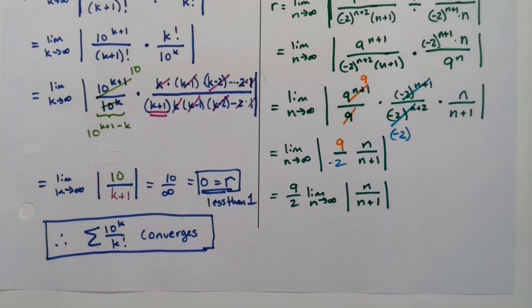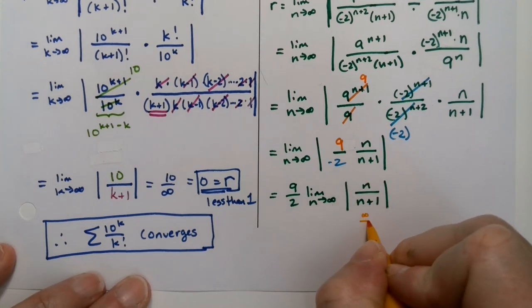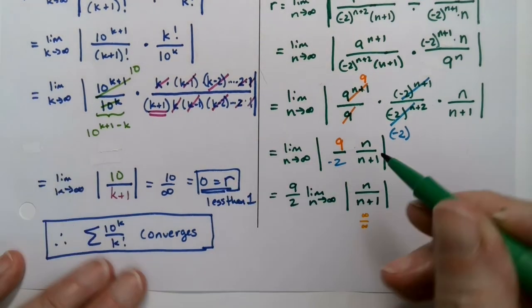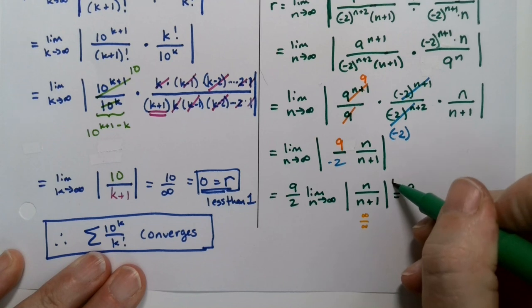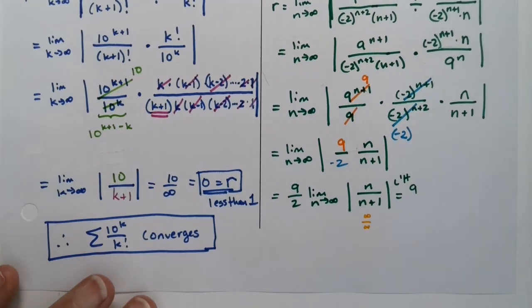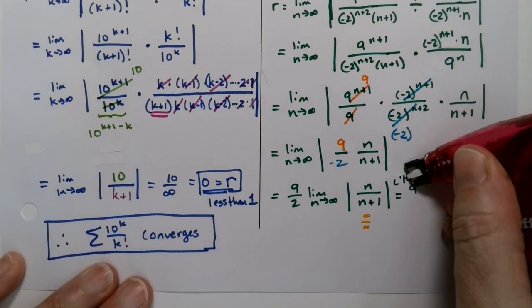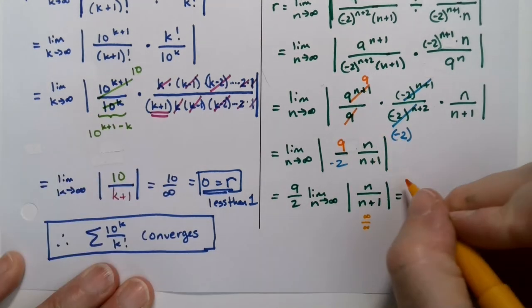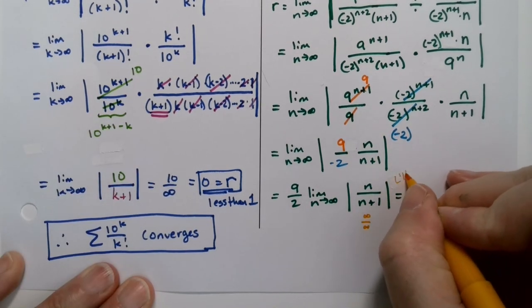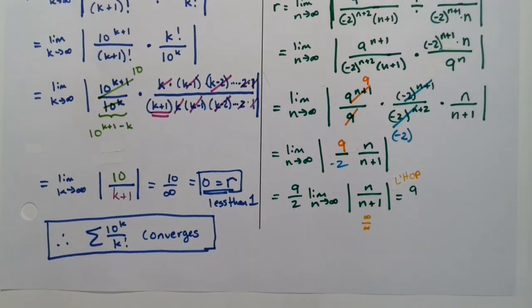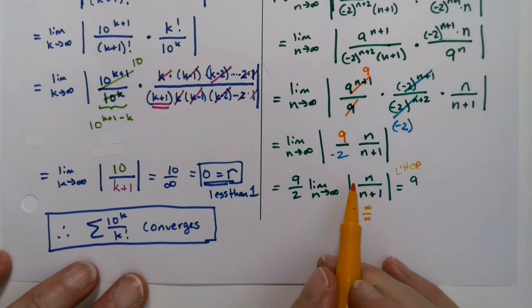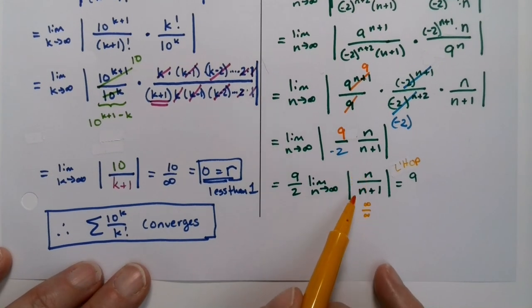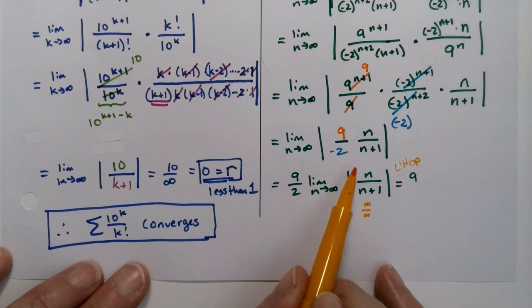But that's infinity over infinity, right? So by L'Hopital's rule, this would be L'Hopital. Actually, let me write that in yellow just to tie it to the infinity over infinity here. So that's L'Hopital's rule that we're using. Or technically, this is a rational expression. This is a polynomial over a polynomial. So we have a shortcut for that.